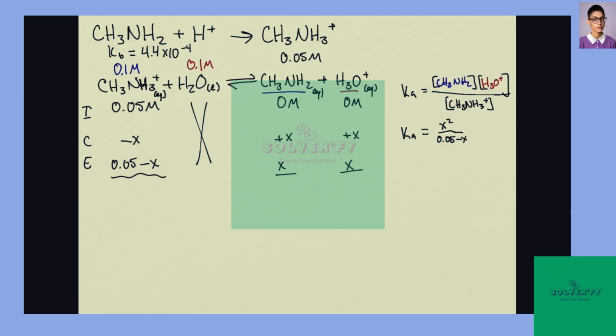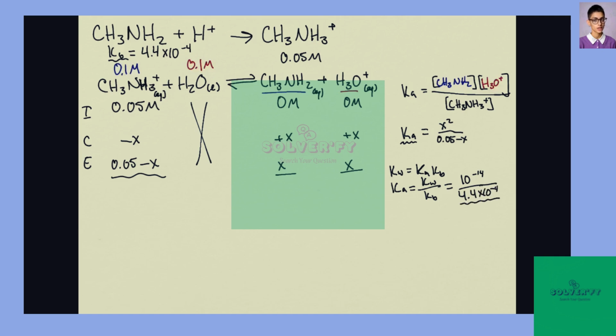So now we need to find our value for Ka. We have our Kb, and we can go from Kb to Ka using the equation Kw equals Ka times Kb. So our Ka equals Kw over Kb, or 10 to the negative 14th over 4.4 times 10 to the negative 4th.